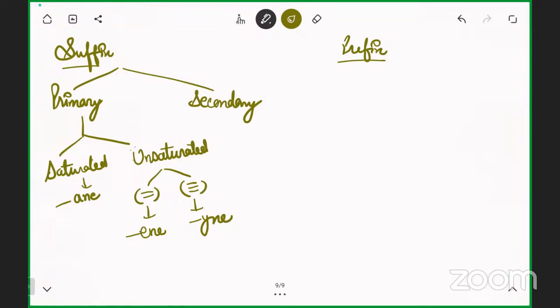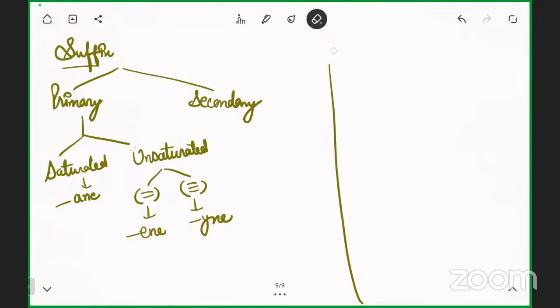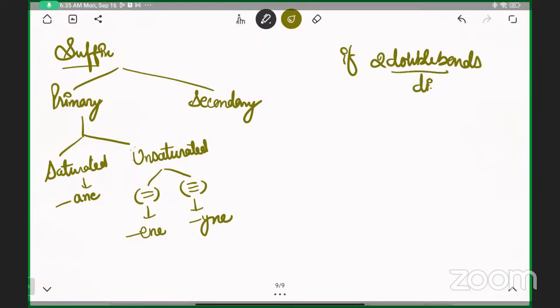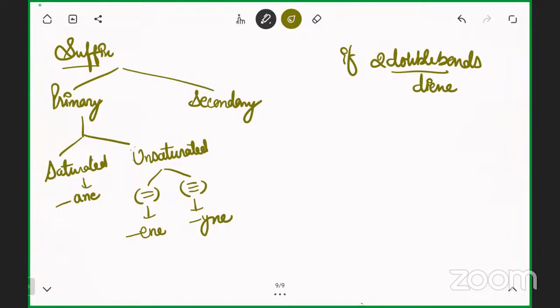I'll go to the prefix later on. First, let's discuss this suffix only. In case two double bonds are present, you will use diene. If three double bonds are present, then you'll use triene. If four, then you'll go for tetraene.